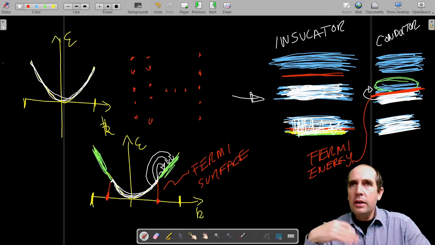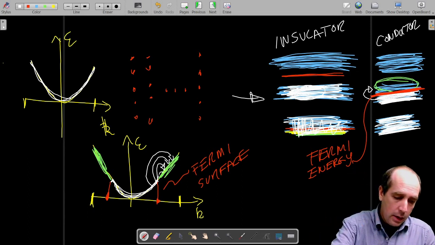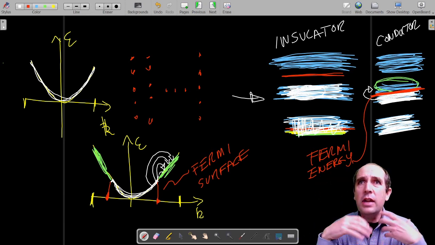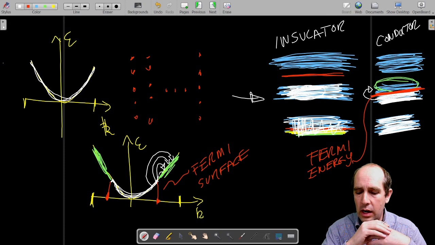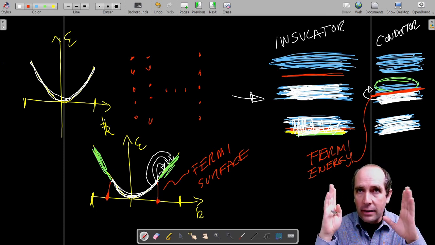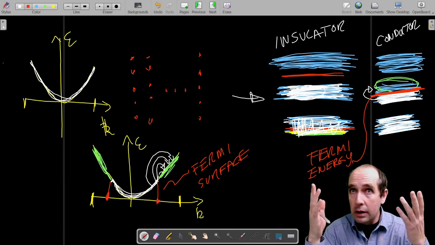Here I will now introduce a couple of terms that are of great importance for the rest of the course, and that is a special name that we give to some of the bands. It doesn't matter if the bands I'm drawing up here are n equal 2, n equal 3, n equal 30, or whatever they are.